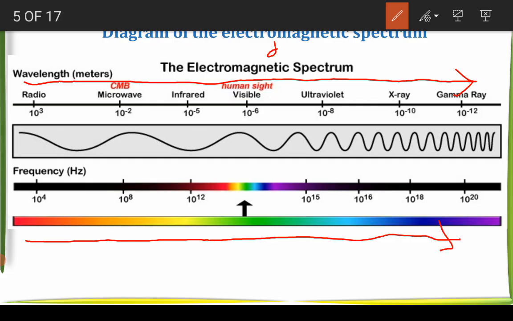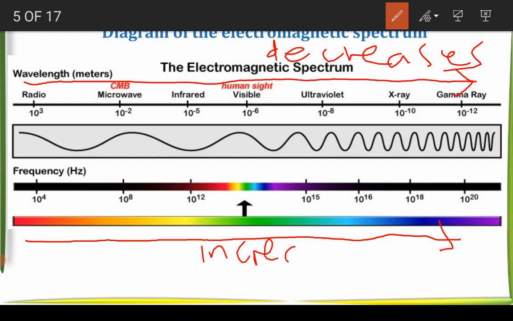Wavelength decreases. Frequency increases from radio to gamma. So look at this: 10 to the power 4, that's 10,000. 10 to the power 4 is 10,000 hertz.